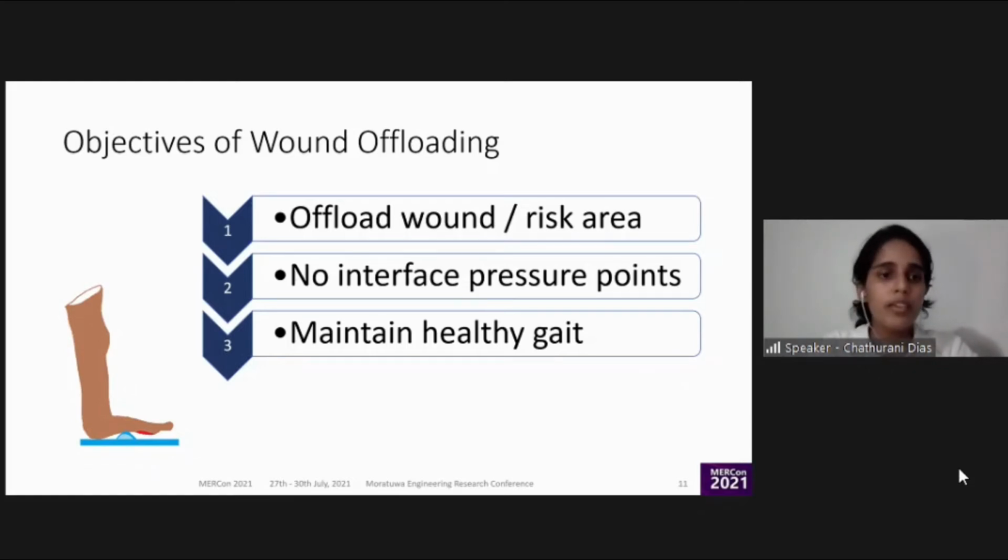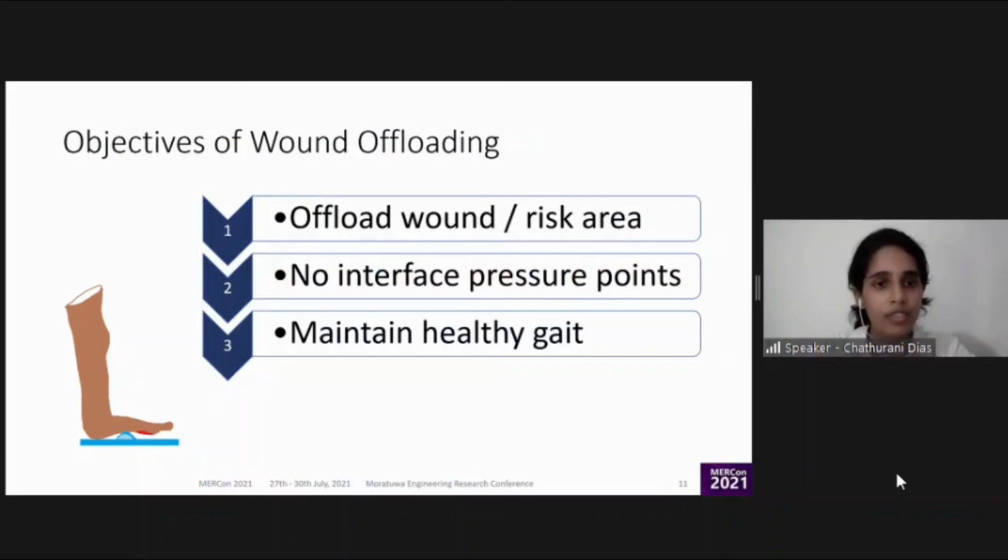Firstly, whatever material and attachment we develop should be able to offload the wound area. Secondly, after applying the offloading, it should not generate additional pressure points at the interface. And thirdly, the patient should be able to maintain a healthy gait even with this alteration under their foot.